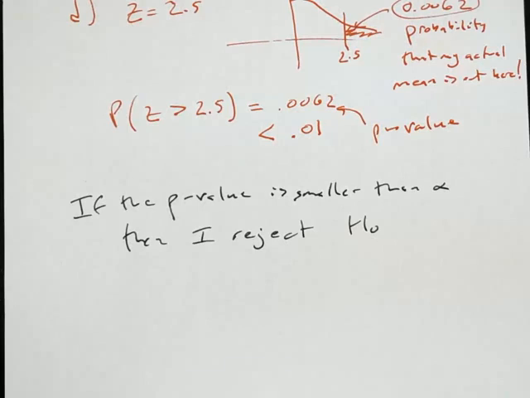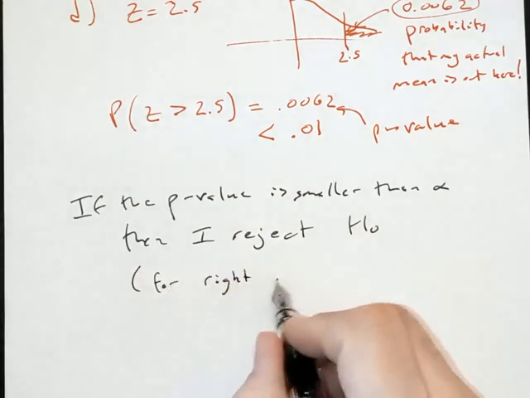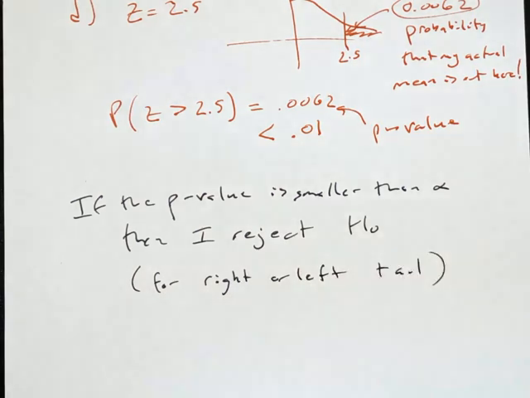Now, that's for a right tail or a left tail. What if I'm dealing with a two-tail? But probabilities are always positive numbers.